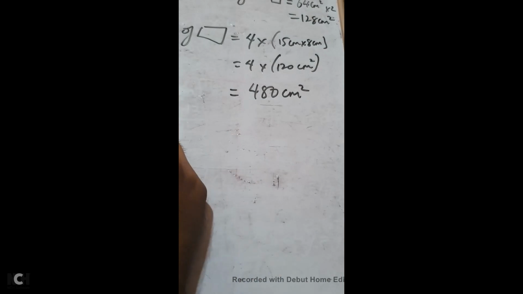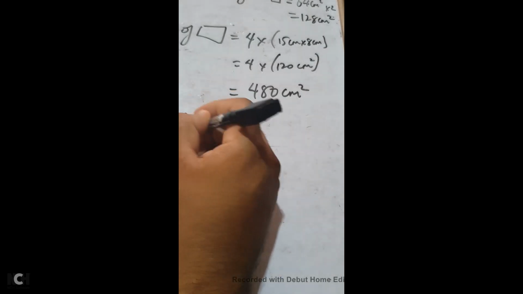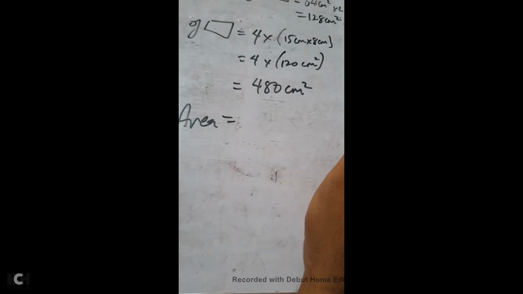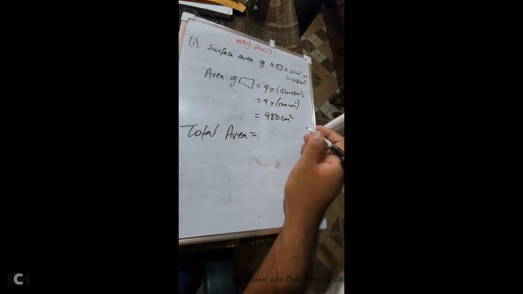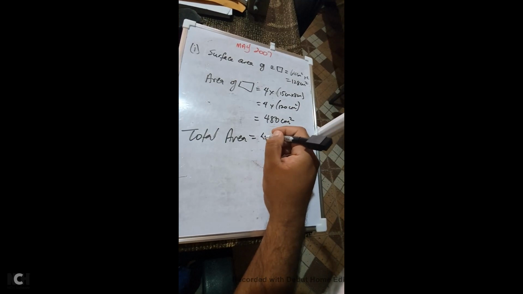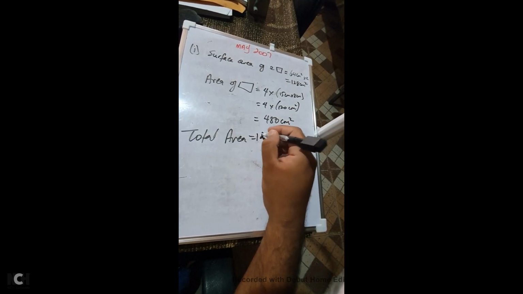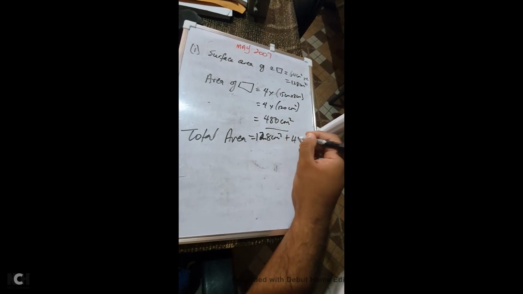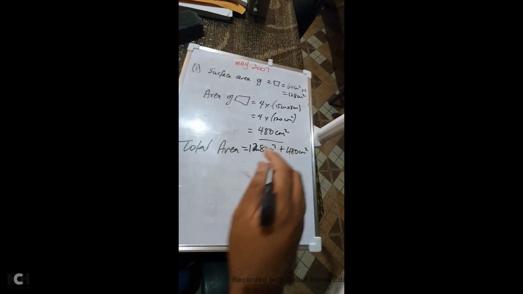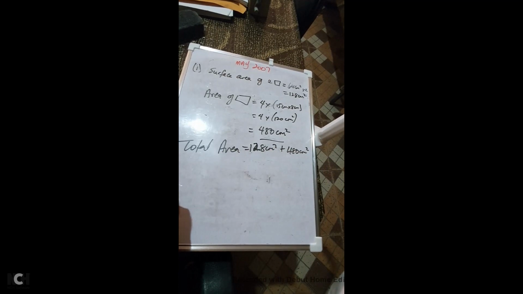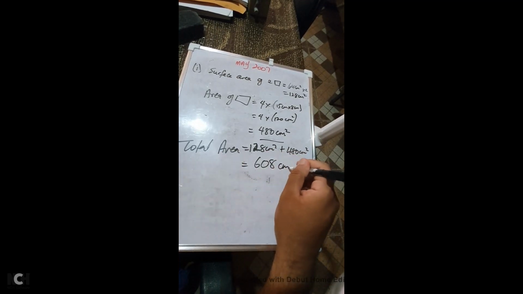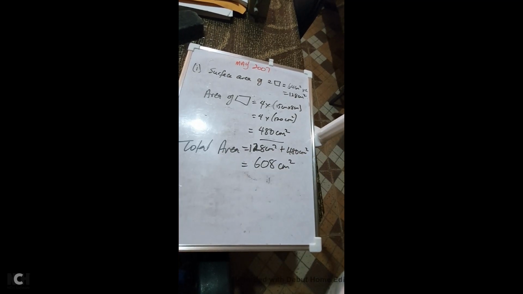So to find the total area, it will be the 128 centimeters squared plus this 480 centimeters squared, which will give us 608 centimeters squared.